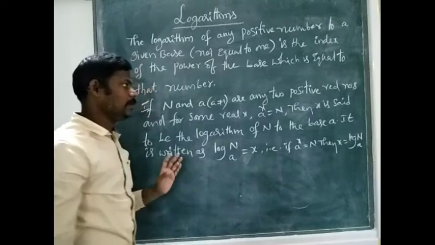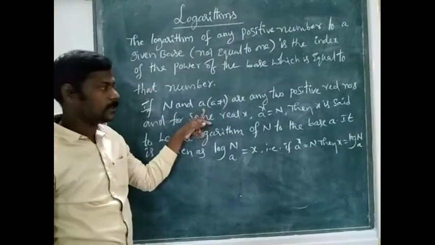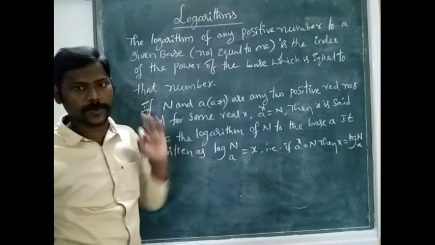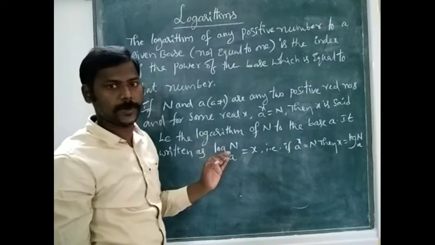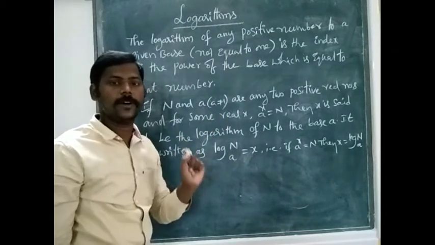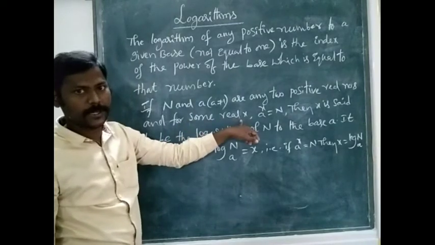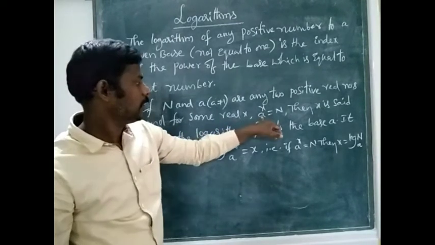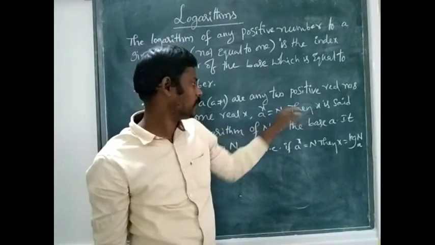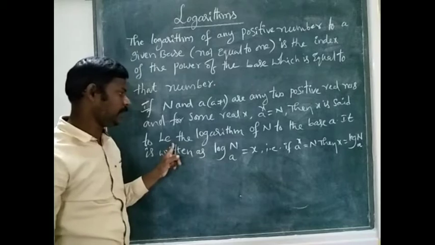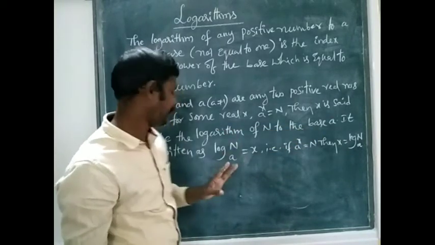So, come to the mathematical definition. If n and a are any two positive real numbers, n is a positive real number and a is a positive real number with the condition a not equal to 1, and for some real number x, take another real number x, a to the power of x equal to n, then x is said to be the logarithm of n to the base a.